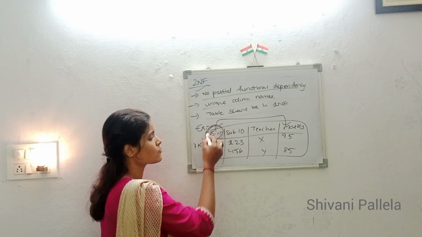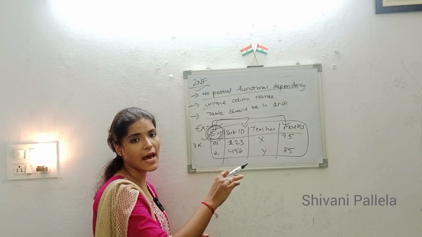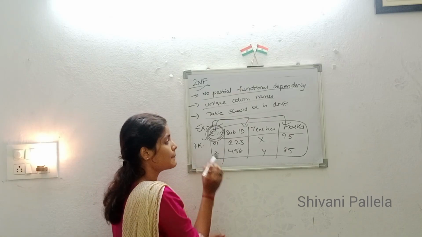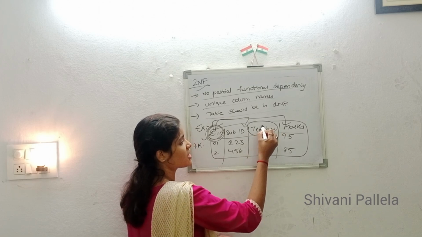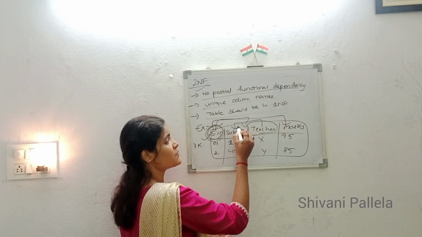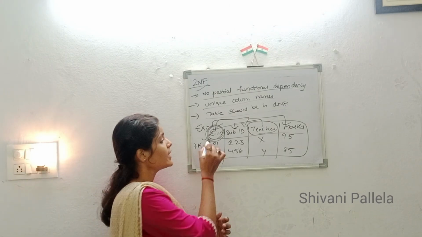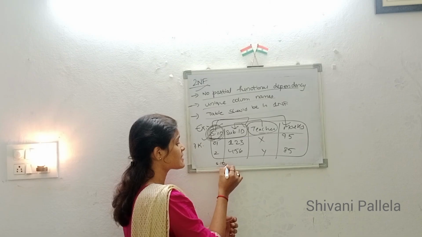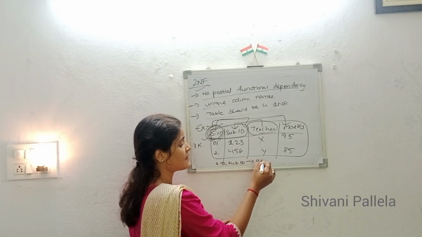If we enter the student ID, we will get to know what subjects they are having. We enter the student ID, hall ticket number. But if we want to know the teacher, the teacher is dependent on the subject ID but not the students. So that's why here in the table, student ID as well as subject ID both are primary keys.